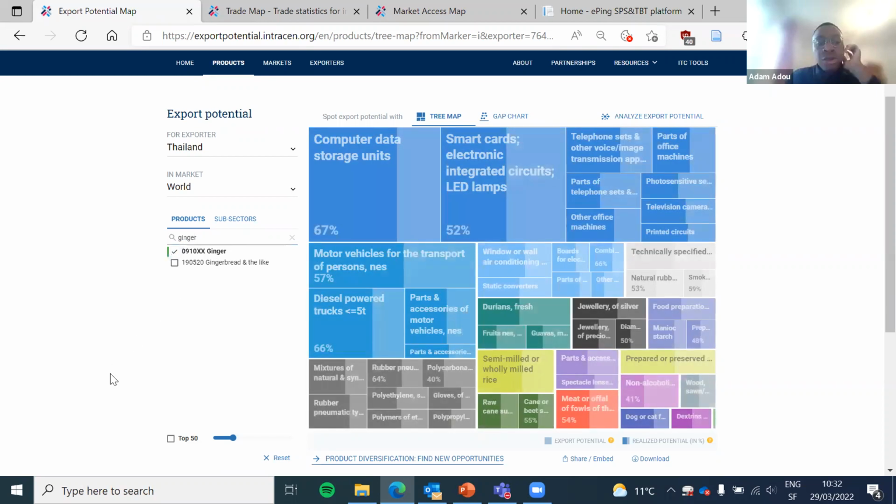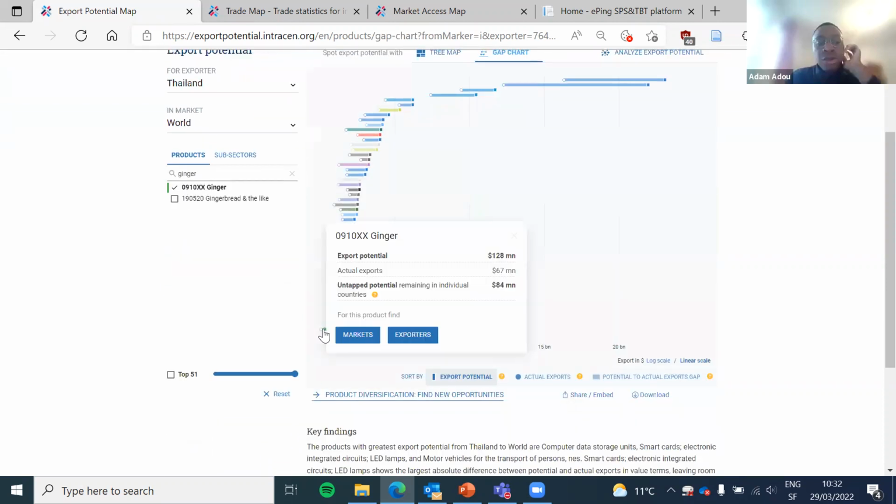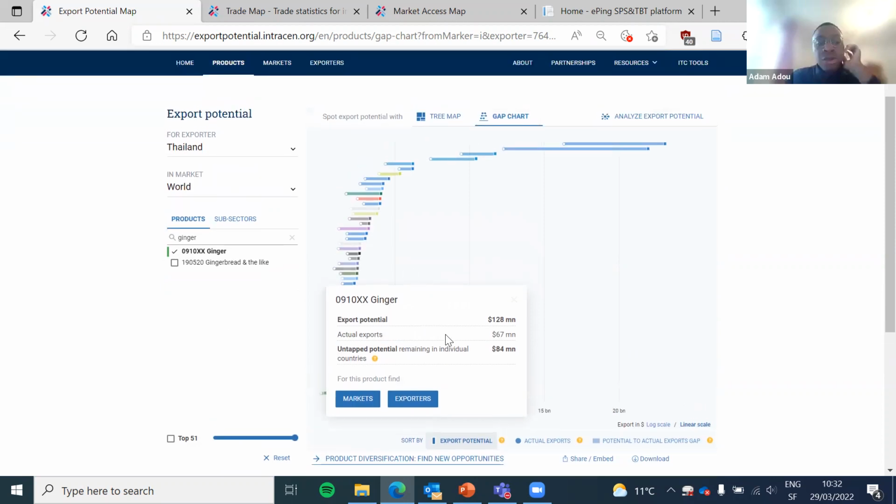Looking at ginger, you will see that ginger appears here, the potential in ginger at the end. If you click on this, you see the export potential of ginger from Thailand to the world, which is $128 million. And Thailand is for now exporting $67 million.